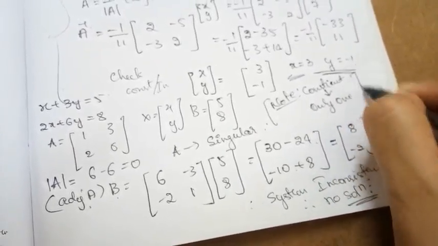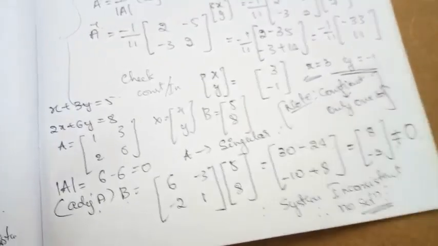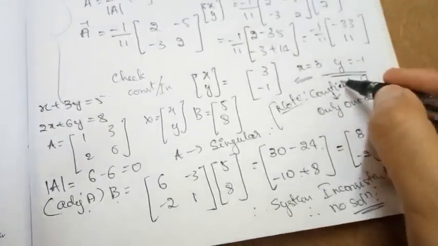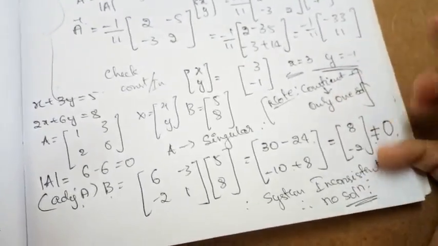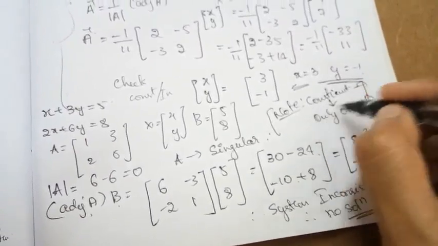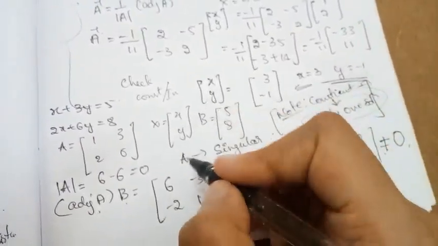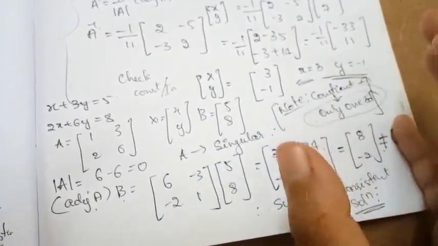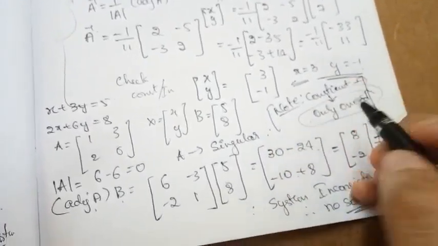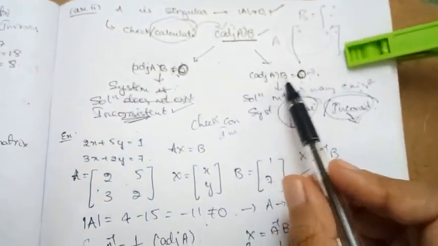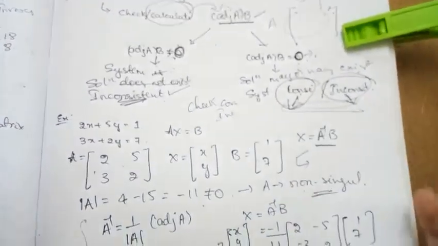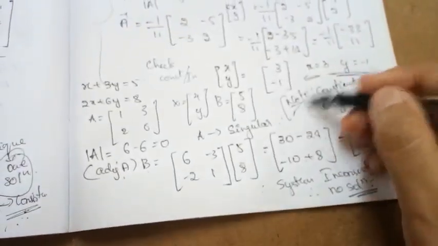We are only learning this concept here, not consistent with infinitely many solutions. That is, if A is non-singular, that concept only we are learning here. If adjoint A into B is equal to 0, it might be consistent as well as inconsistent. So that's what I have made as a note here.